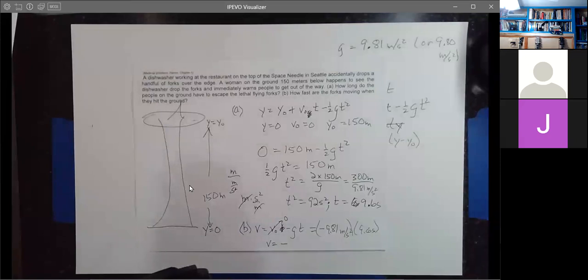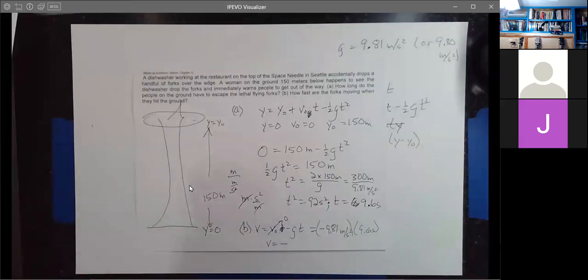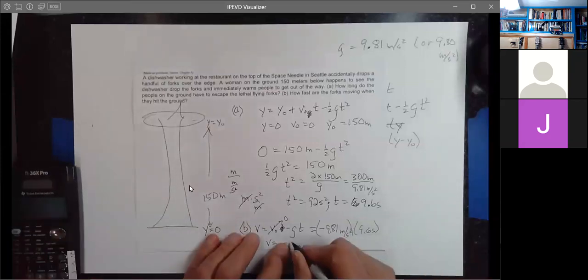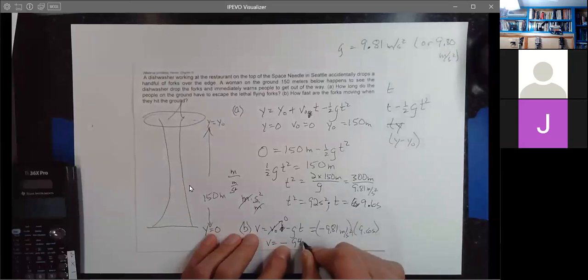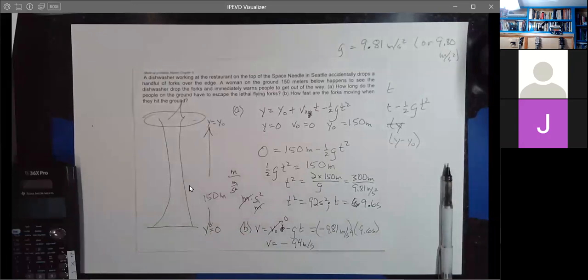So if I multiply that time I just got by 9.81, okay, I get around 94 meters per second, which is actually more than 180 miles an hour.